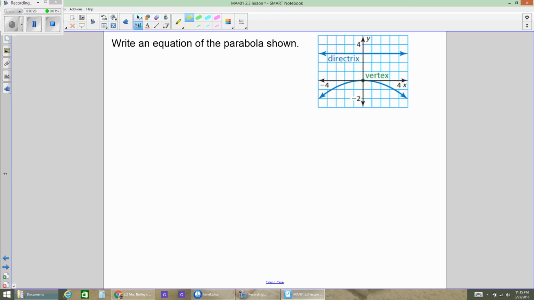It says write an equation for the parabola shown. Alright, well, we got to count, and I know you can do it. Here's our vertex, and we're going to go 1, 2, 3. So, from the vertex to the directrix is 3 units.